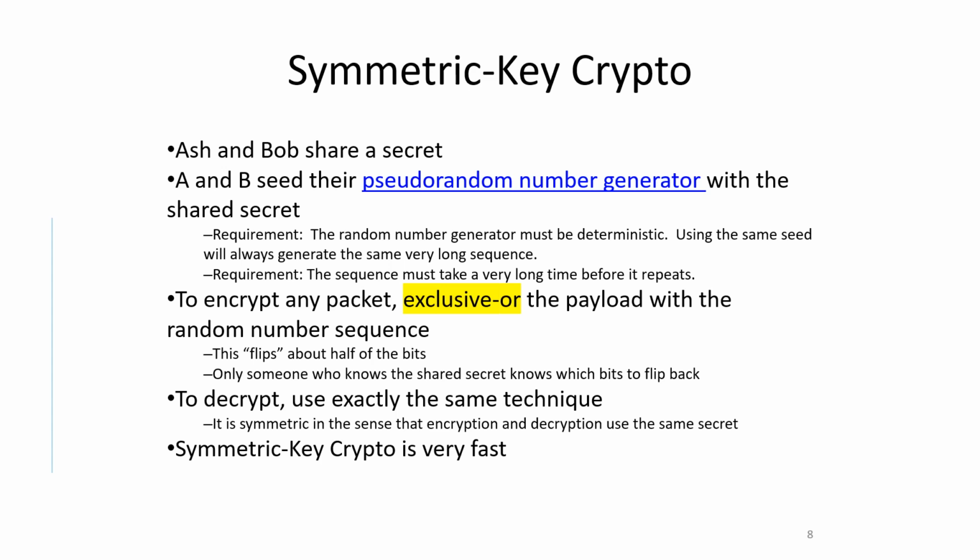And to see this, you're going to have to watch it in action. Be careful because symmetric key cryptography is so fast that you can encrypt movies, you can encrypt songs, you can encrypt telephone calls, because once you've got this pseudo-random number generator started, you and I will both come up with exactly the same very long sequence of pseudo-random numbers.